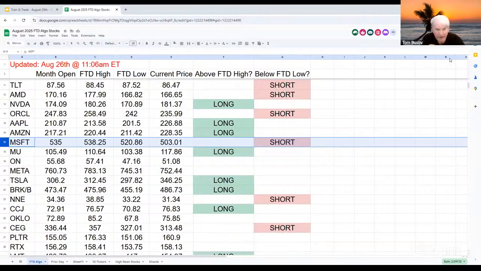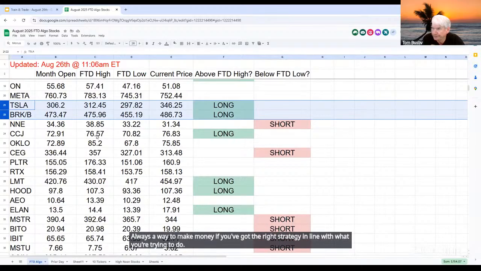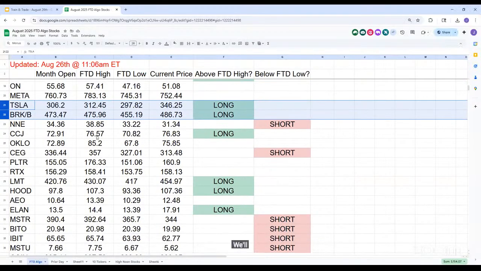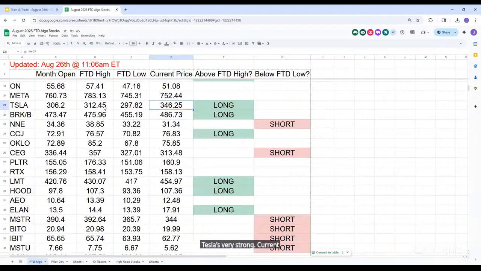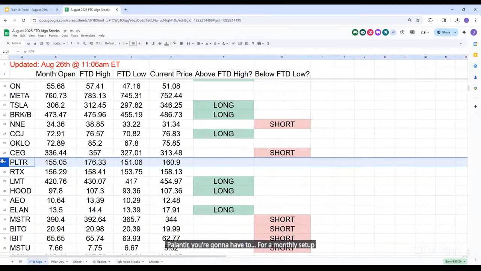Always a way to make money if you've got the right strategy in line with what you're trying to do. We'll jump down to see Tesla and Berkshire are long, above their first 3 days high. Tesla's very strong. Current price 346. Its first 3 days high was down at 312. Palantir, for a monthly setup, you can see how it's behaved here.